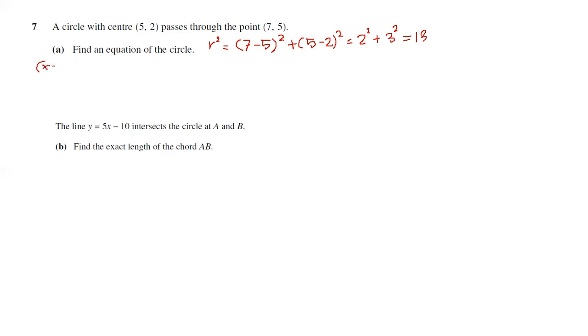So the equation is (x minus 5) squared plus (y minus 2) squared equals 13. The line y equals 5x minus 10 intersects the circle at A and B. Find the exact length of the chord AB.